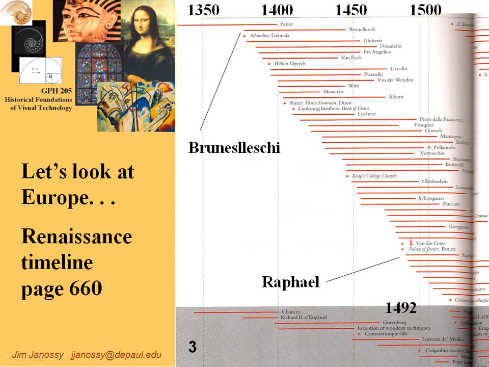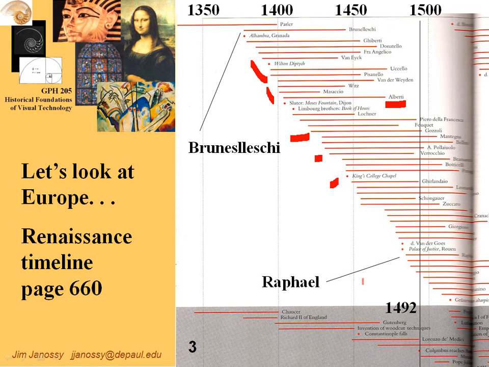At the back of the book, around page 660, there are various charts that give you a timeline and also illustrate the timeline with the names of various artworks, such as the Wilton Diptych, and artists like Masaccio, Alberti, Ghiberti, Pollaiuolo, Botticelli, and various others, all the way down to Raphael.